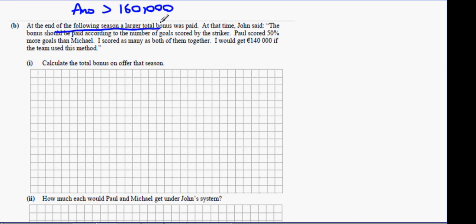That's what that line tells me. At the time, John said the bonus should be paid according to the number of goals scored by the striker. Paul scored 50% more than, so we're going to go Paul, Michael, and who's the other guy? John.